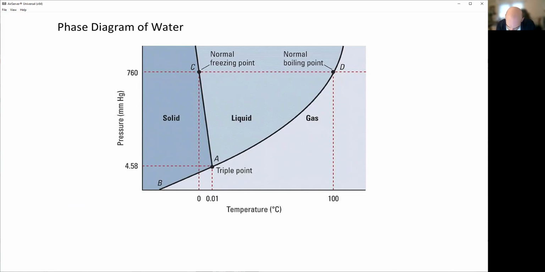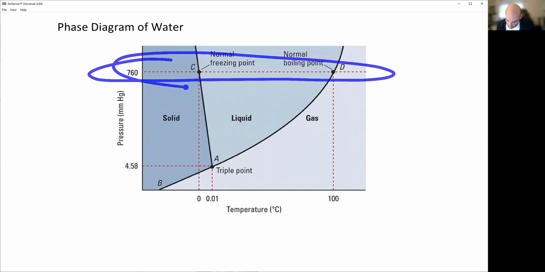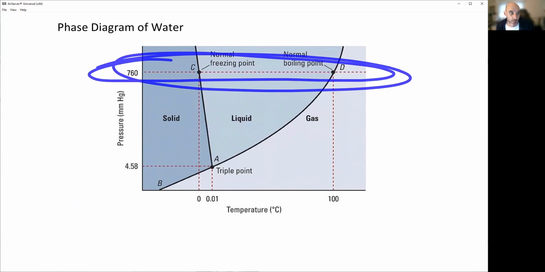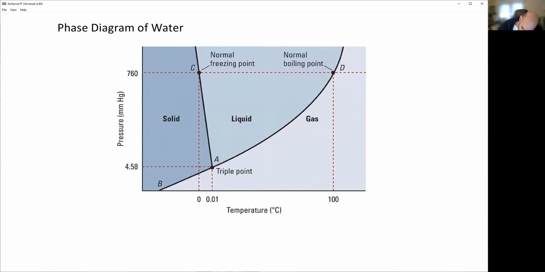What we'll also notice, and this is more prevalent for something that we use pretty frequently, this is my normal pressure. So this is the standard pressure that would be 760 torr. So we have 1 atmosphere.